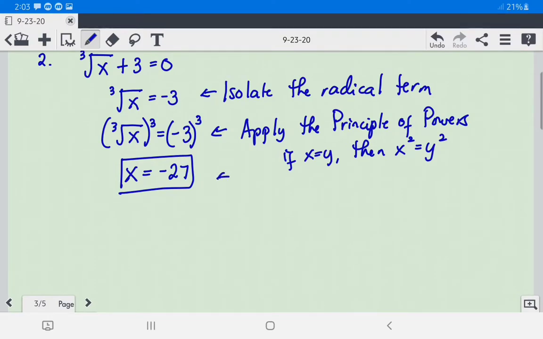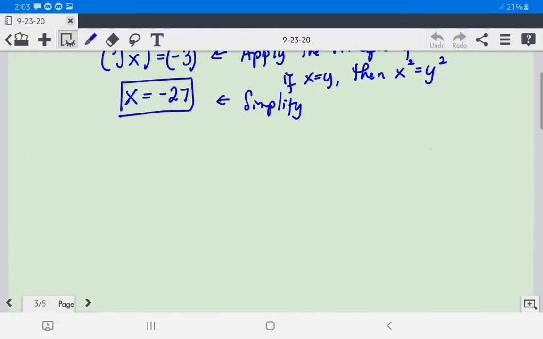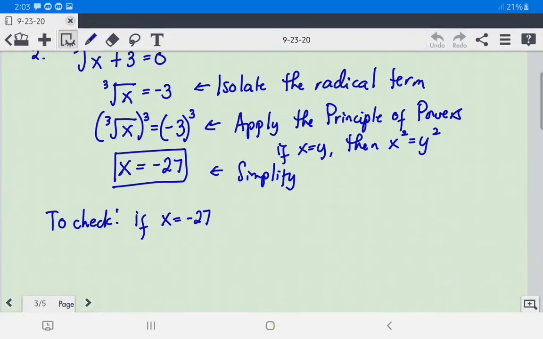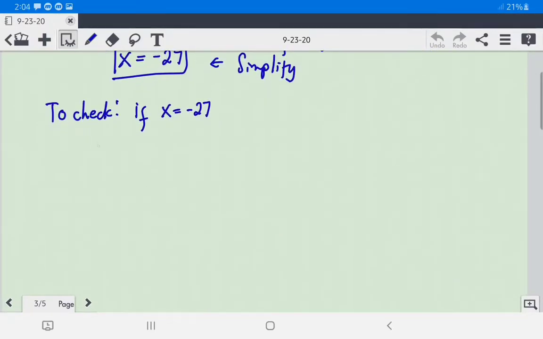So let us check. If x is equal to negative 27, using the original equation, we have the cube root of x plus 3 equals 0. You just substitute.